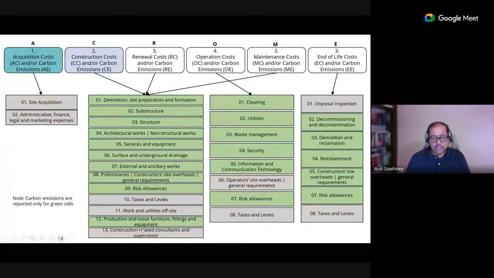And you can see basically that's the hierarchy followed for C, R, and M.